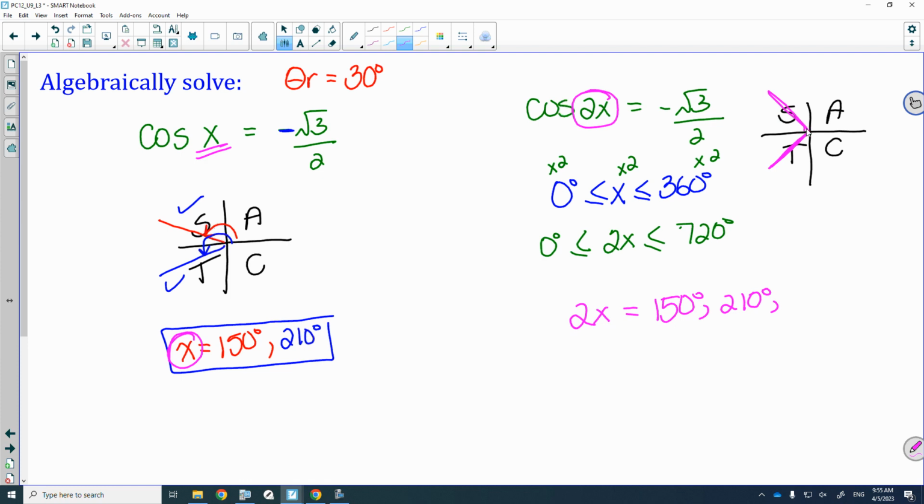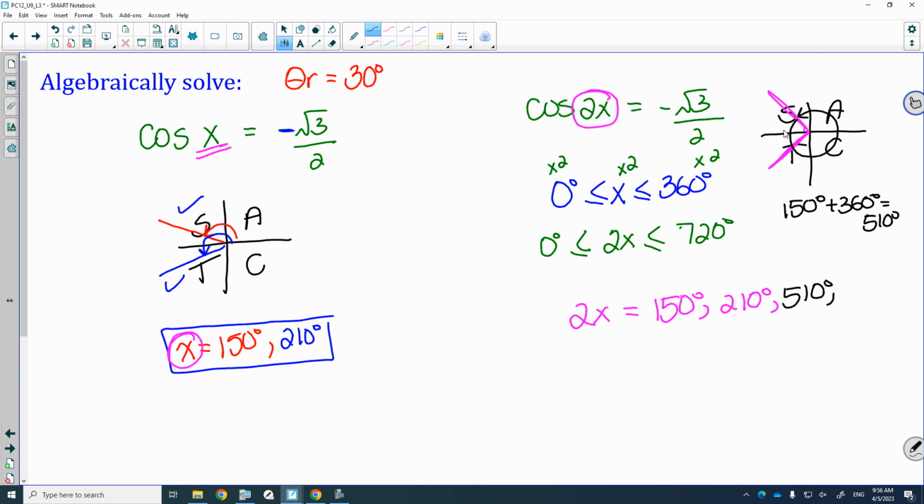So remember to find what's coterminal with 150 degrees, if I add 360, I'm going to be coterminal. So if I add 150 degrees plus 360 degrees, that is going to get me to 510. Okay, so just write this down for right now. 150 plus 360 is going to give me 510. So I have a solution of 510 degrees.